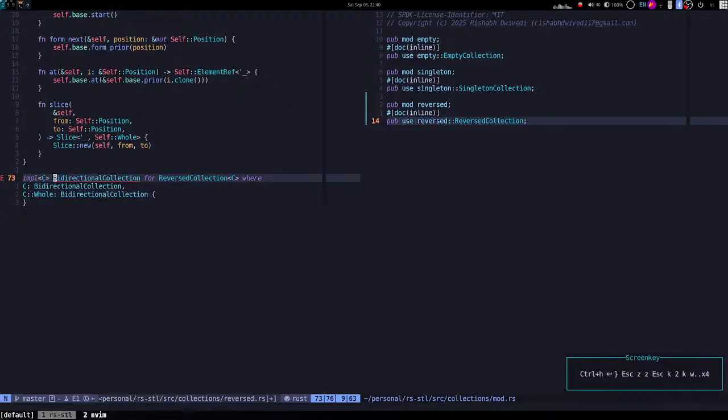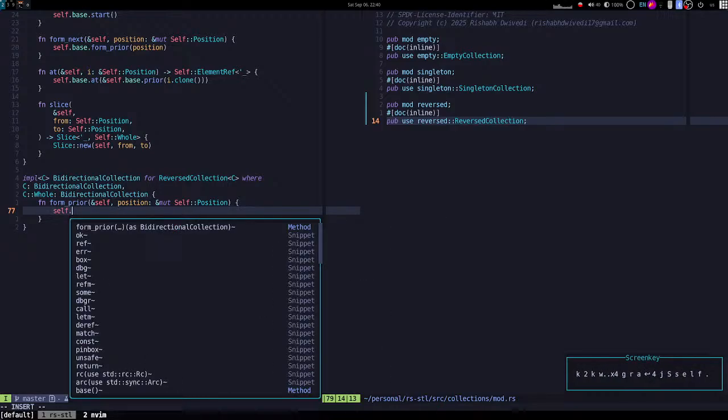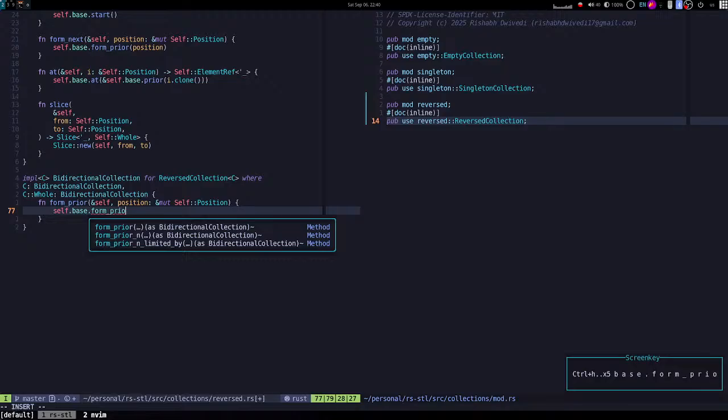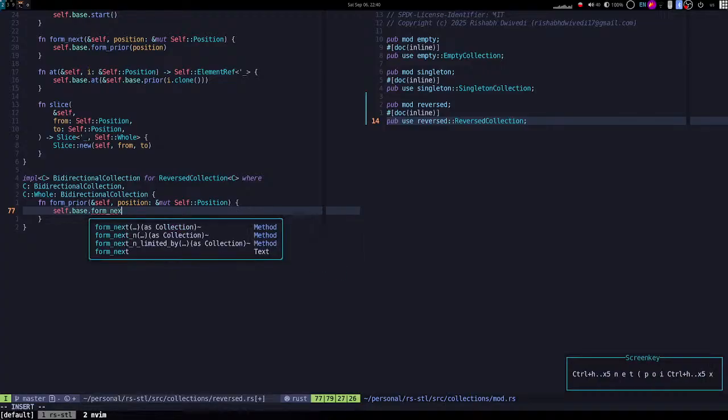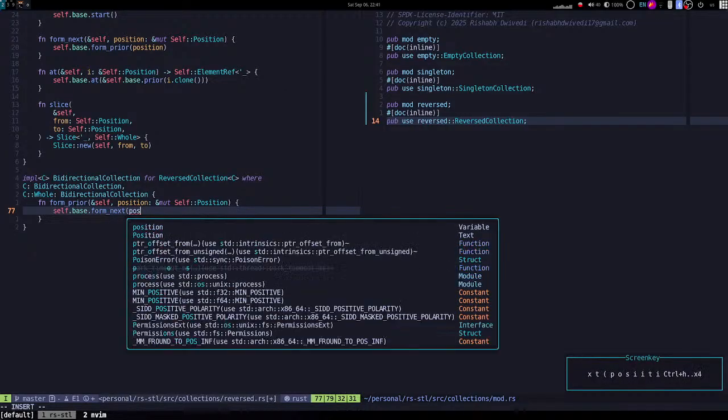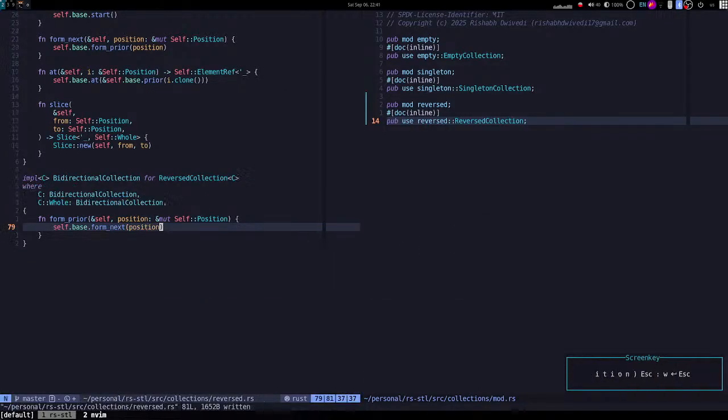And yeah, I need to have self.base.form_prior, form_next, and next for position, right? And that should be the case.